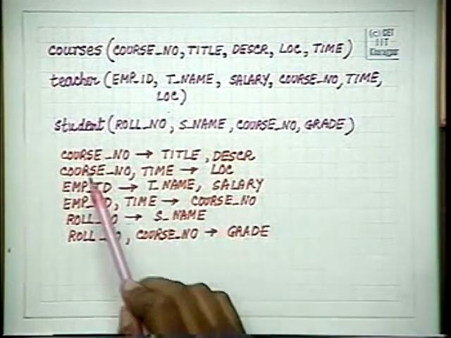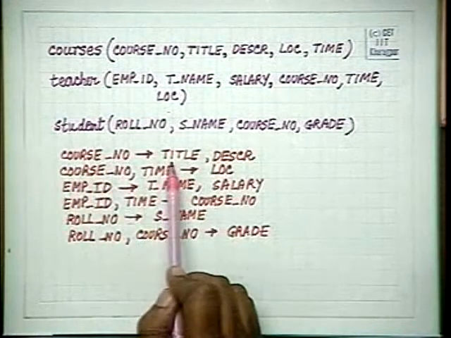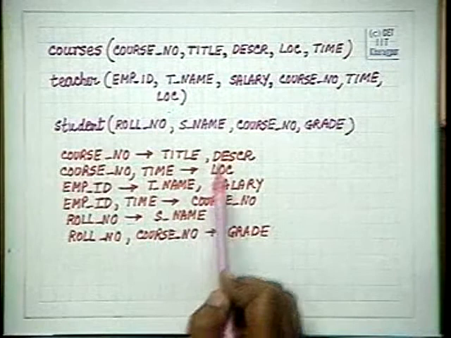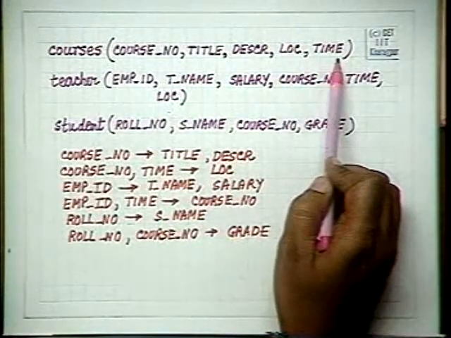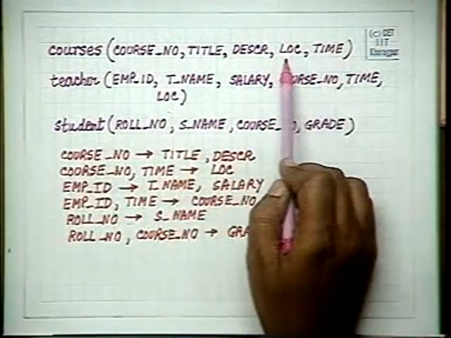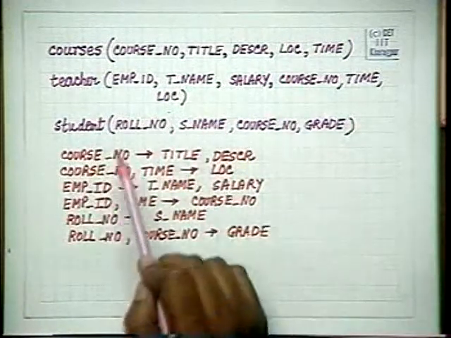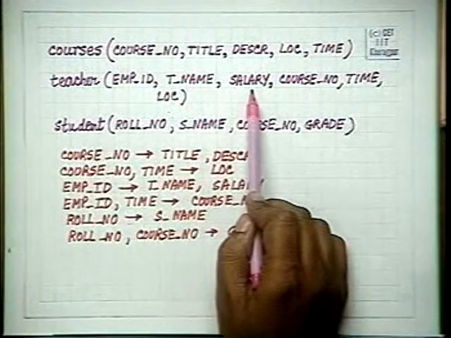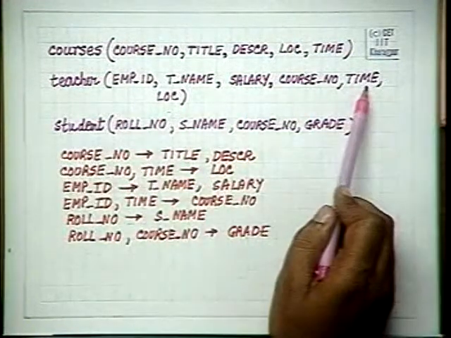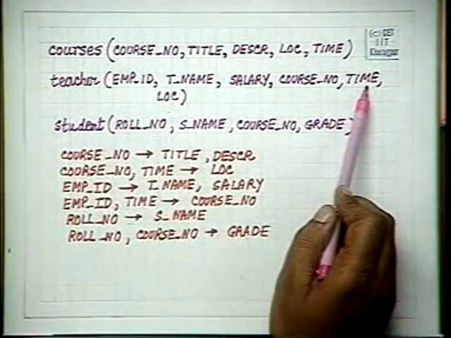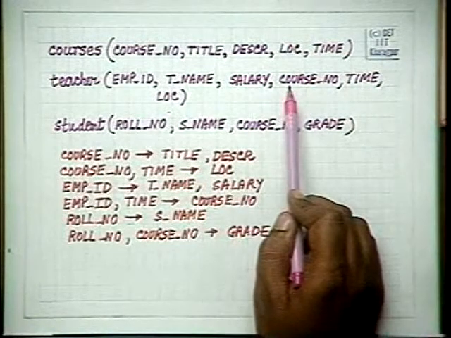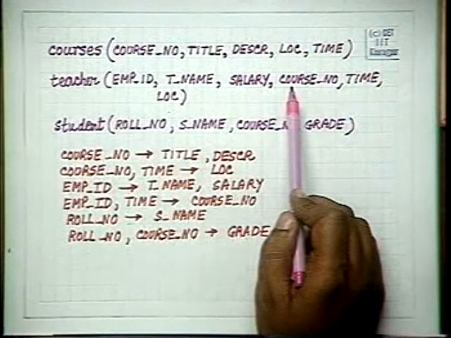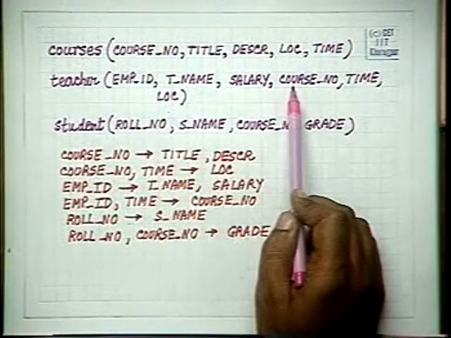And we have course number gives title and description, course number and time gives location. Employee ID gives teacher's name and salary, and employee ID and time gives the course number. That is the dependency which we have here.